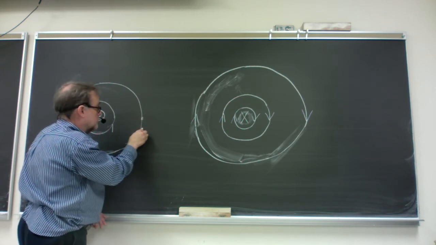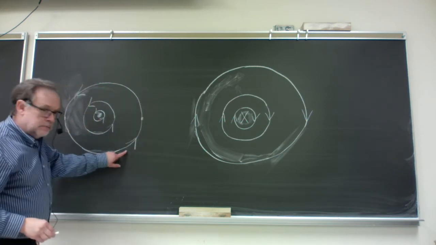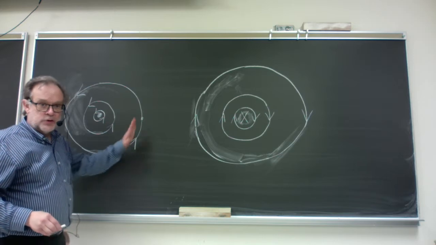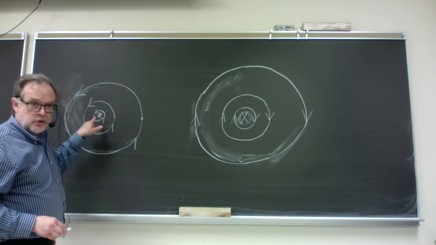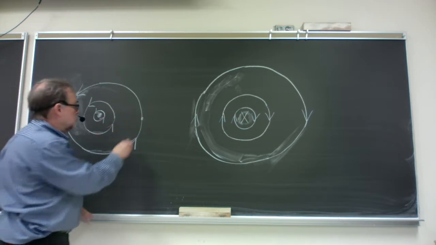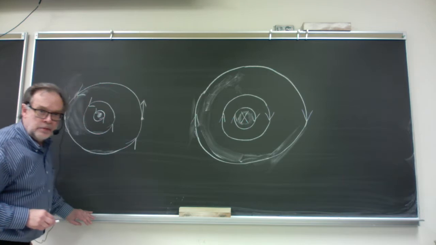So the field would have to be pointing vertically, either straight up or straight down. And because the field lines flow this way, up here to the right of the current, the field at this point must be pointing up.